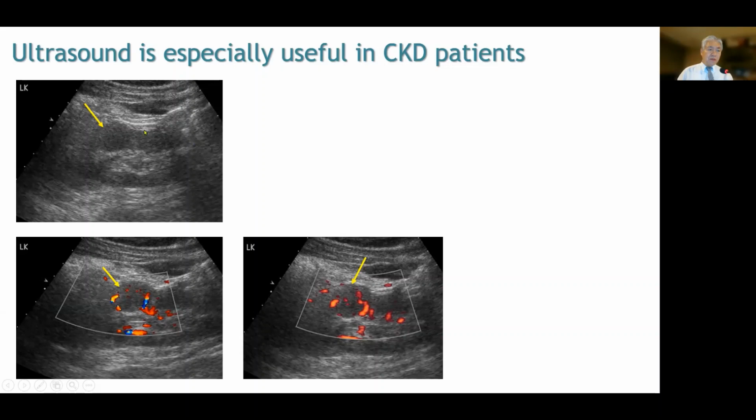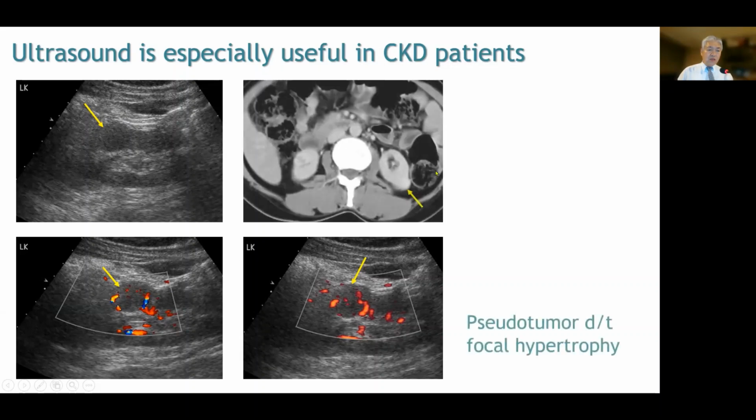This is an example, and there's a hypoechoic mass-like lesion in a small atrophic kidney, and Doppler ultrasound does not show hypervascularity, and the CT shows focally bulging parenchyma with a similar degree of enhancement with the other parts of the renal parenchyma. So this is a case of pseudotumor due to focal hypertrophy in a CKD patient.